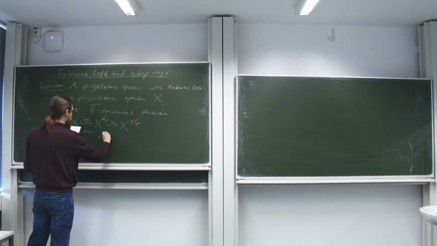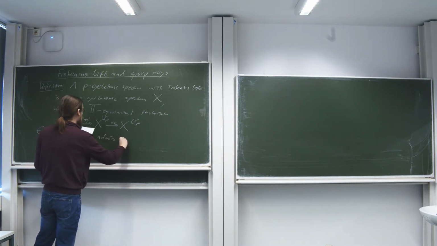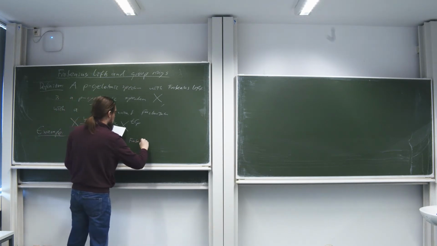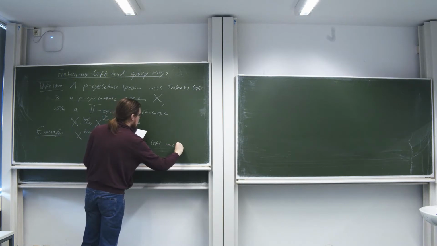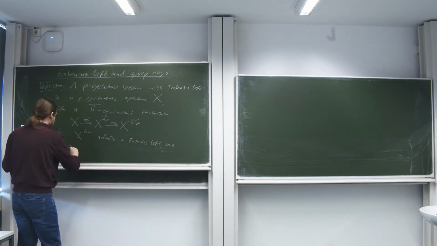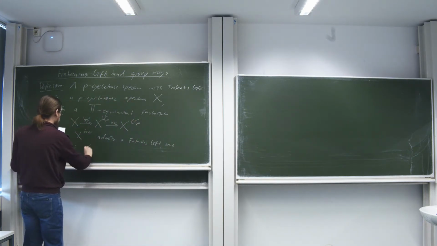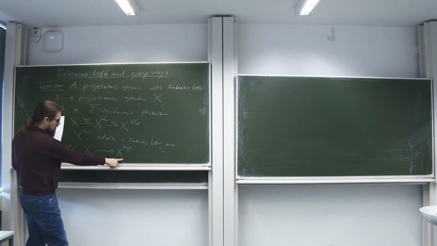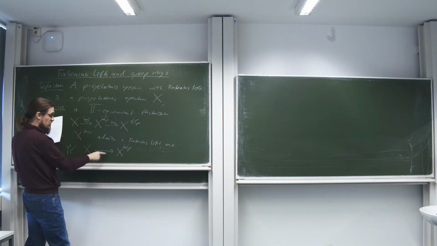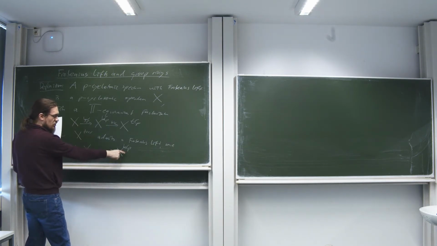So X triv admits a Frobenius lift, since we defined phi p as a composite like this, where this was the canonical map you get if you take a trivial Cp action and take homotopy fixed points.